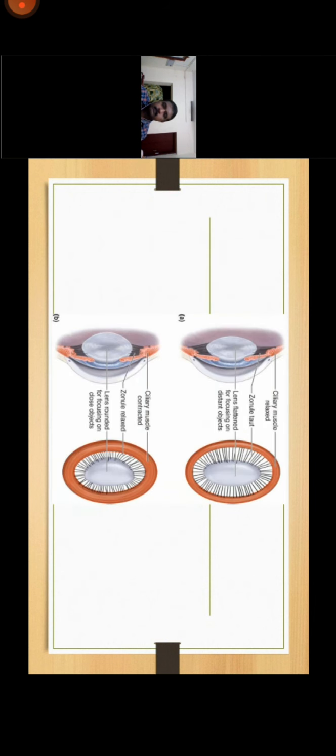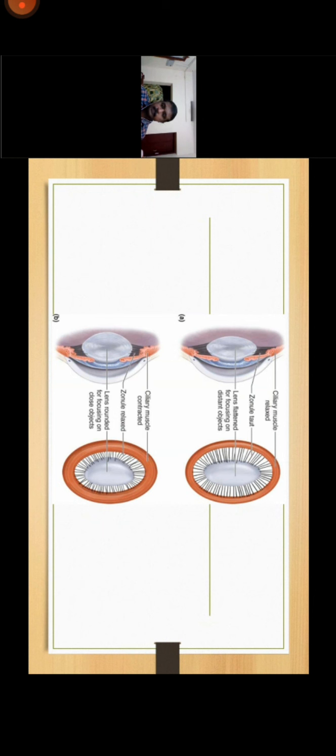Then coming to the ciliary muscles, we should keep in mind the working of the ciliary muscles while dealing with refractive errors, because the ciliary muscle is a circular muscle. We can see the red colored muscle. It's in a circular shape, seen around the suspensory ligaments. From the ciliary muscles, the suspensory ligaments start and are attached to the periphery of the lens.